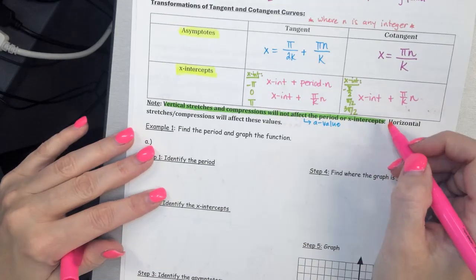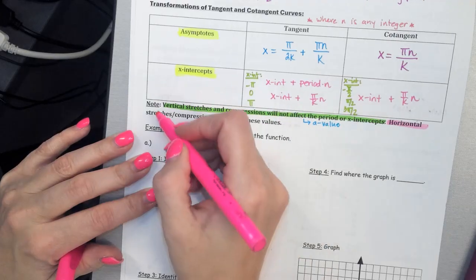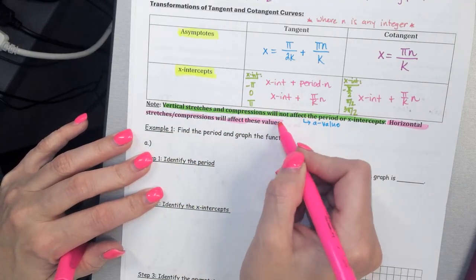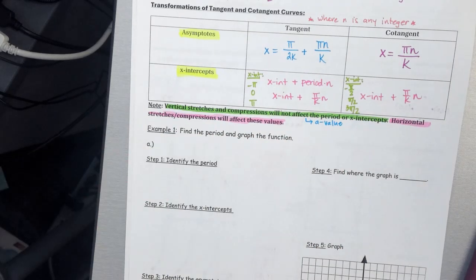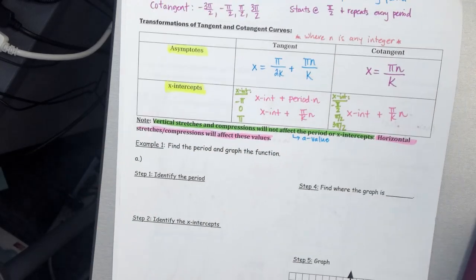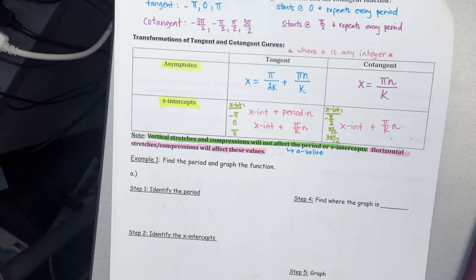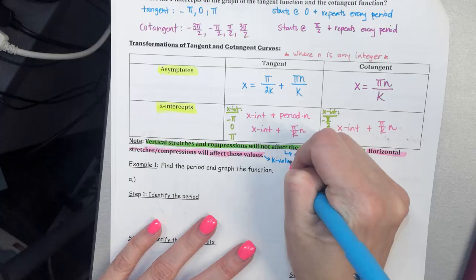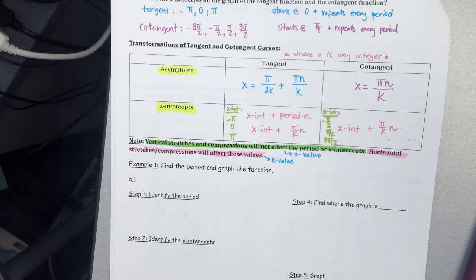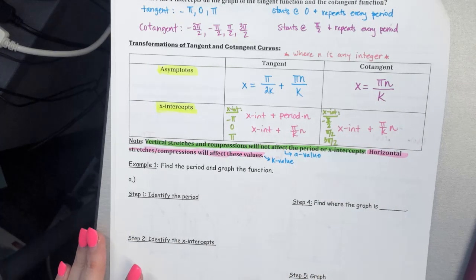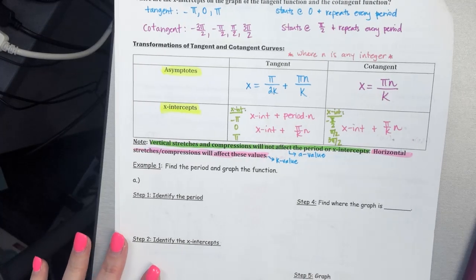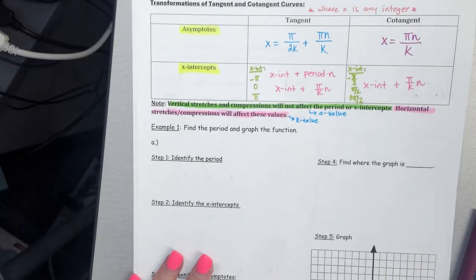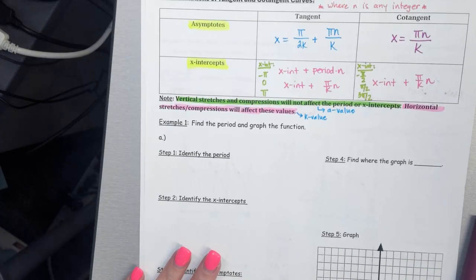But if you have a horizontal stretch or compression, or even a phase shift, which I didn't write on there, but we are going to deal with those, that is going to affect it. That's your K value. So you're going to notice when the K value changes, we're going to have to do certain things. A horizontal stretch or compression will affect those values, and also a phase shift is going to affect those values.